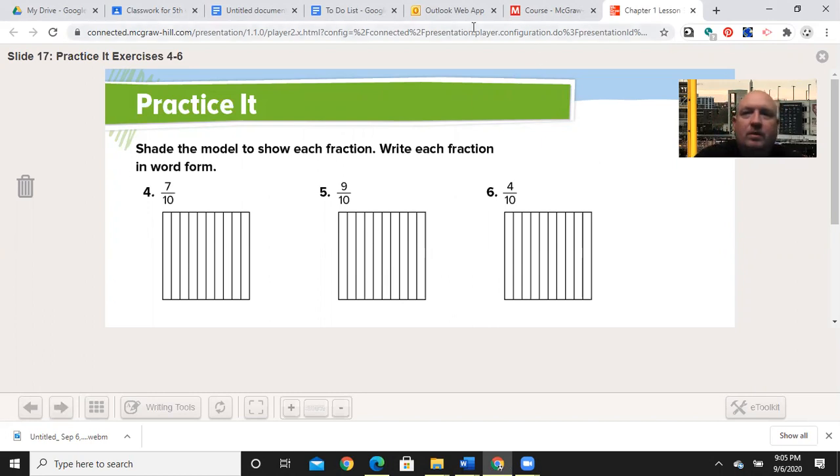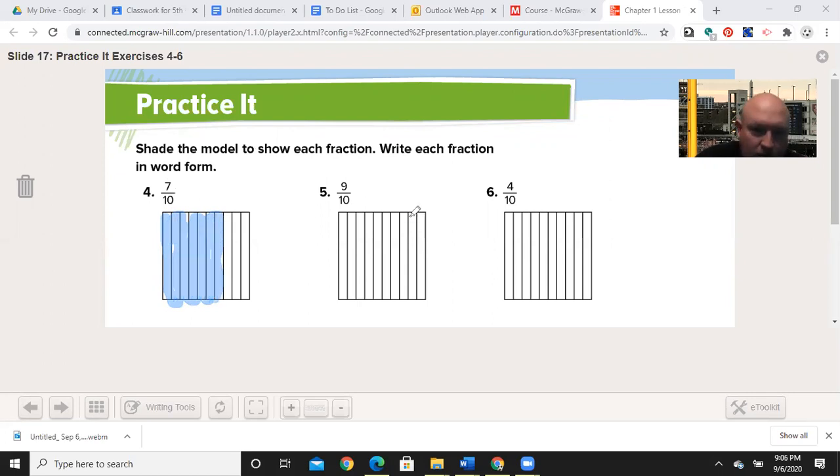Welcome back. Let's get our annotate tool out. And let's do the drawings first. Shade the model. First one, 7 out of 10. 1, 2, 3, 4, 5, 6, and 7.